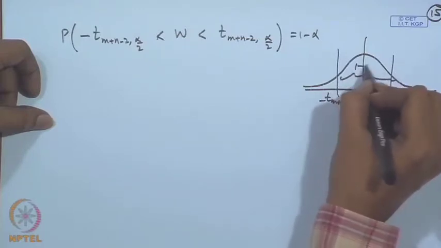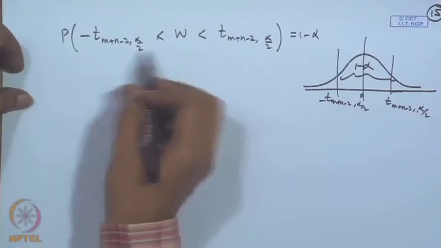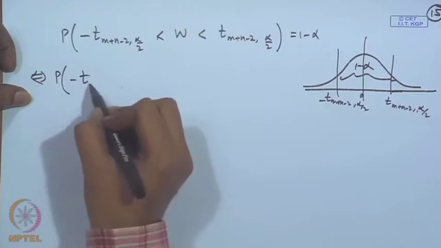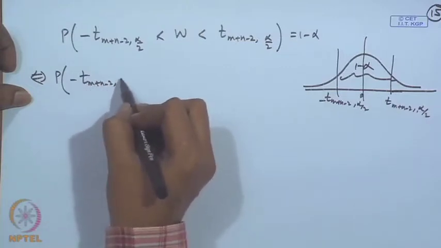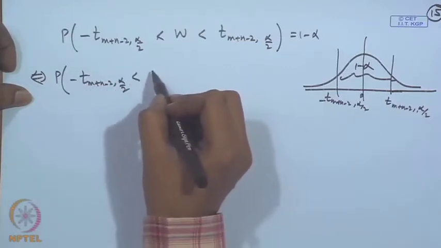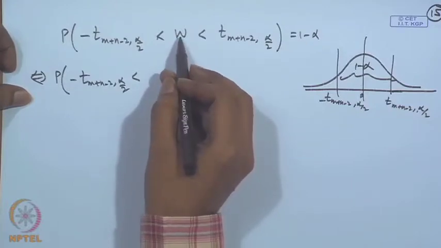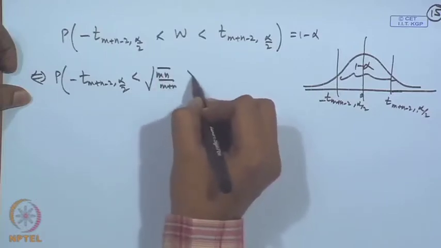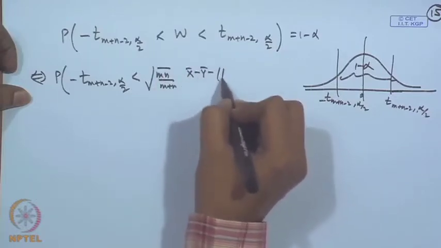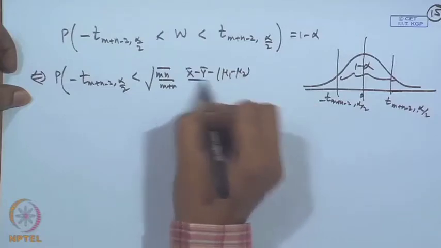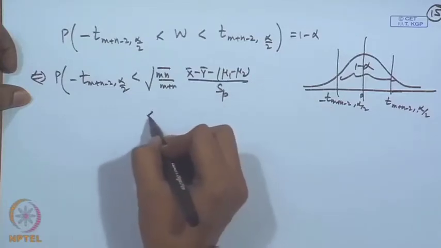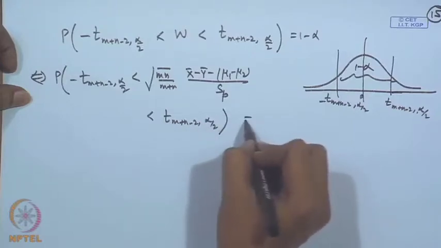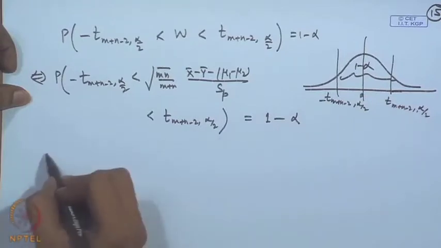So, this probability is 1 minus alpha. We can simplify this statement: the probability that minus t_{m+n-2, alpha/2} is less than W, where W is root(mn/(m+n)) times (x bar minus y bar minus (mu 1 minus mu 2)) divided by S_p, less than t_{m+n-2, alpha/2}, is equal to 1 minus alpha.